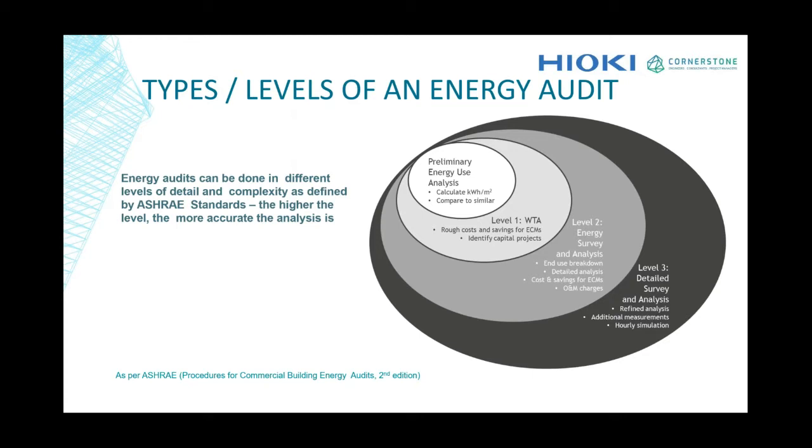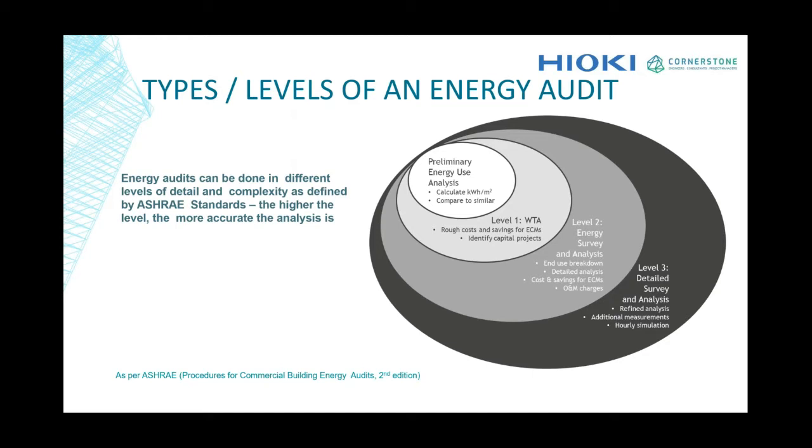Now level 2 builds up from the preliminary energy use analysis as well as level 1. Level 2 also includes an energy end use breakdown, which looks at the different assets and systems within that particular facility or building, and which asset is actually consuming more energy. I'll be getting into the details of that in the coming slides. Level 2 also looks at detailed analysis.